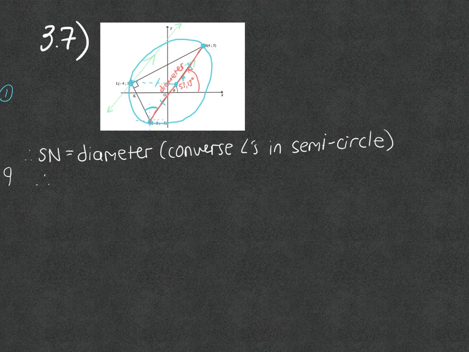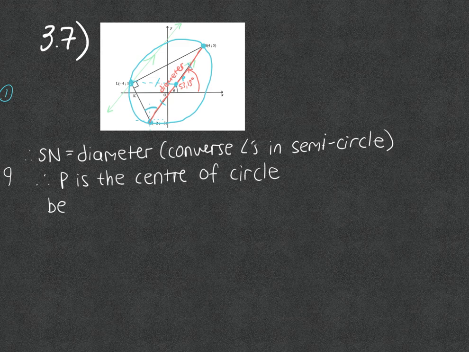Therefore, P is the center of circle. Reason, because PL is equal to PS, which is equal to PN, the equidistances.